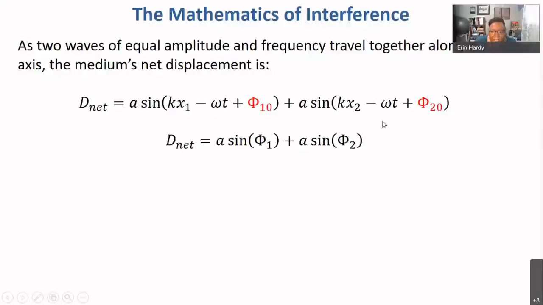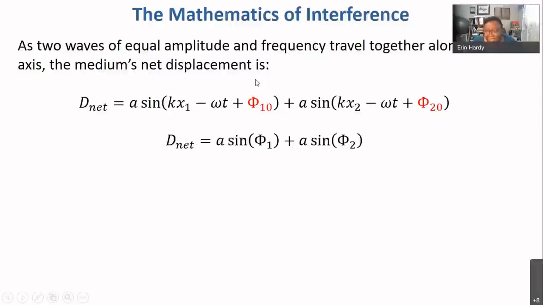And I want to point out here that the waves that we're talking about in this case are traveling in the same direction. So the omega t terms are going to be subtracted for each one of these. That's another way of saying that we made the assumption that we're talking about 2 waves that are propagating in the positive direction. But if we had 2 waves that were propagating in the negative direction, we would have plus omega t's in each case.